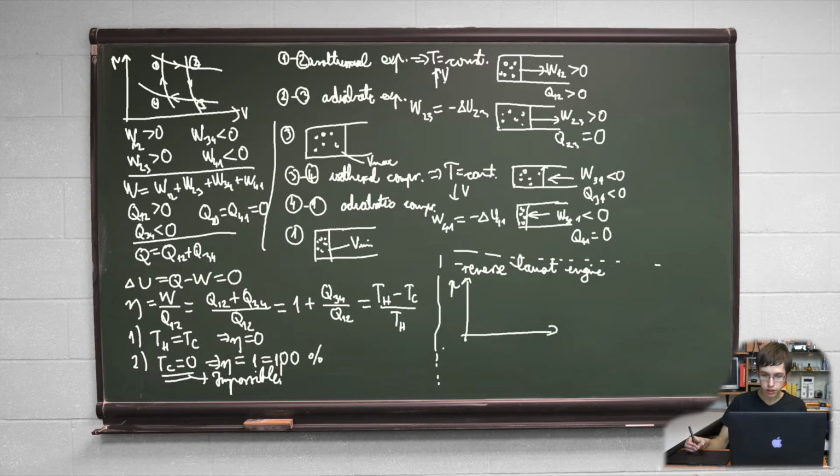So we have a PV graph, again two isotherms, two adiabats, and it would go in this way, from 1 to 2, 2 to 3, 3 to 4, and 4 to 1. So in this counterclockwise direction, while for Carnot cycle we had clockwise direction on the graph. So it's only to indicate that it goes in the other direction.